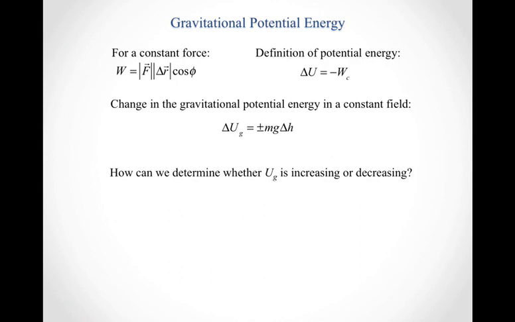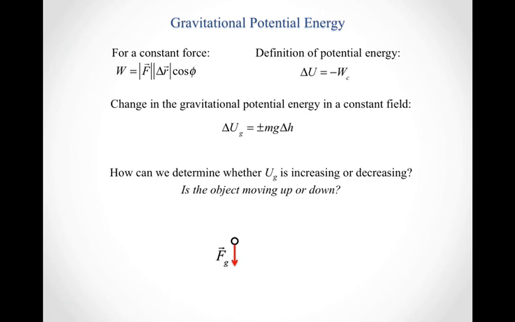And m, g, and delta H were all defined to be positive, so whether the gravitational potential energy was increasing or decreasing had to do with whether or not we needed the plus or minus sign out front. How was it that we determined when the gravitational potential energy was increasing or decreasing? Well, our question was, is the object moving up or down?